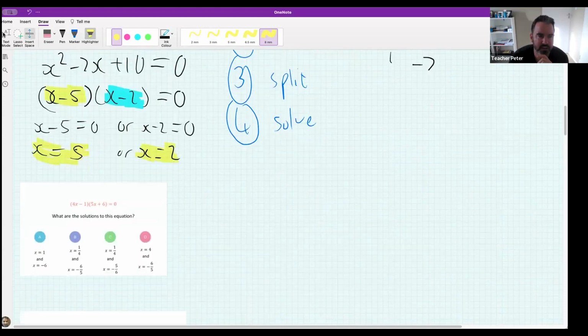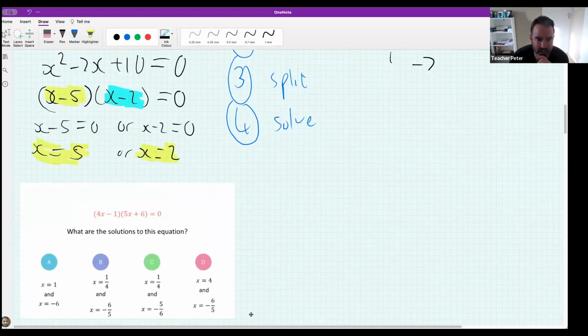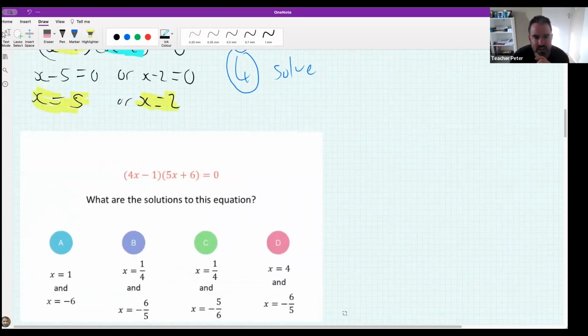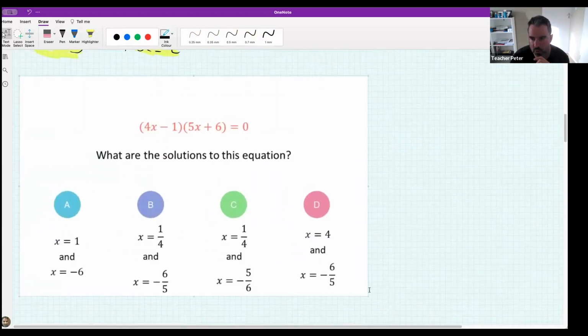Brilliant. All right. Well, let's take this idea and let's have a good multiple choice question. See if you can give me the answer to this multiple choice question. What are the solutions to this equation?